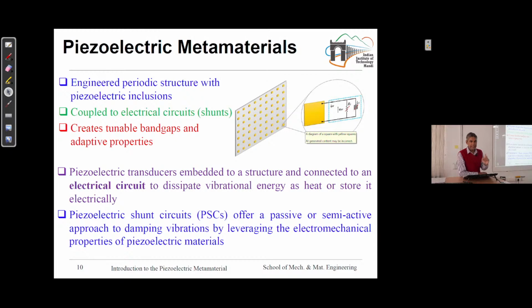But in the case of a metamaterial piezoelectric smart structure, we do not need any controller, any actuator, or any battery. The energy comes here, and then automatically it is dissipated into heat energy, and of course the actual vibrations are damped out.